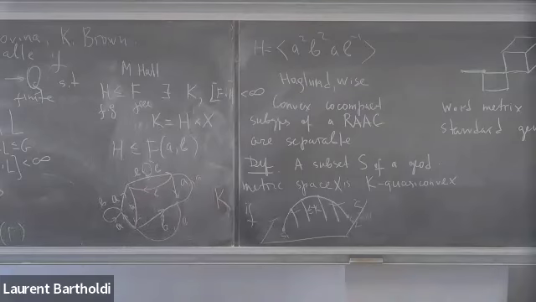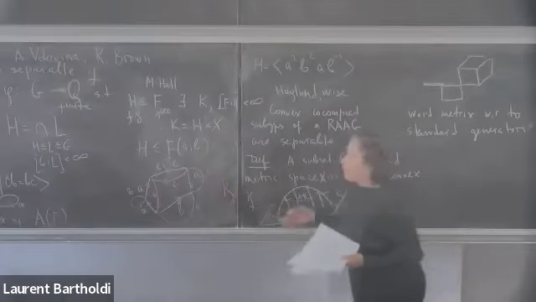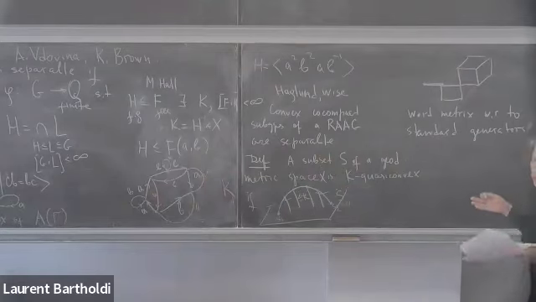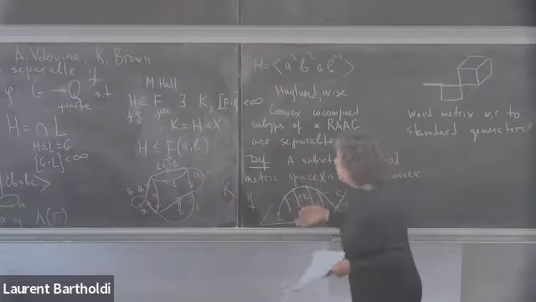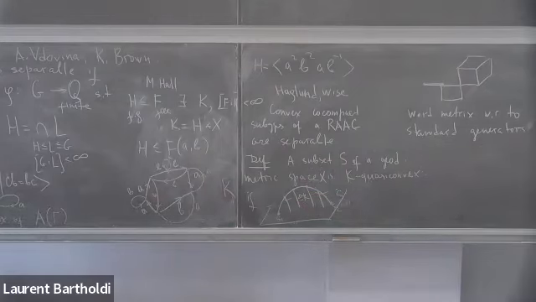Now, if the group happens to be hyperbolic, like for example a subgroup of a RAAG that happens to be hyperbolic, then it actually does not matter what kind of generators we take, because quasi-convexity doesn't change if we change generators.